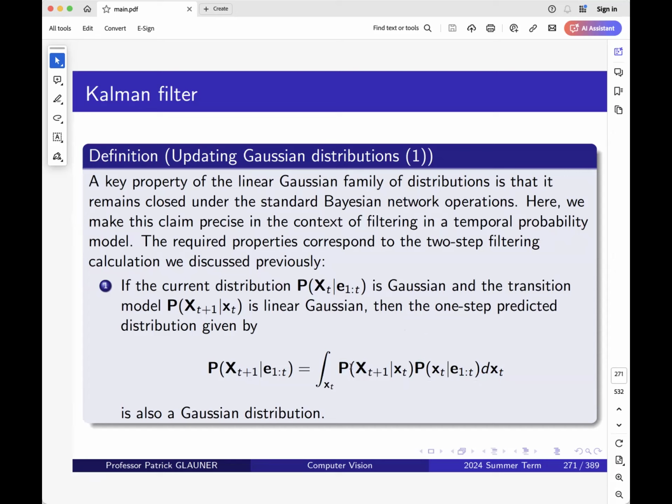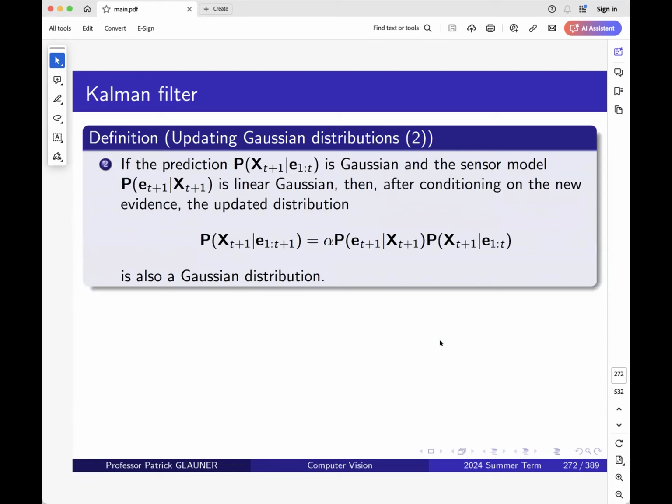So this is essentially just what we discussed before with our temporal models and doing a filtering, but this time this is done for the Kalman filter with continuous variables. So it's an integral. Then the second step in our two-step procedure is the update.